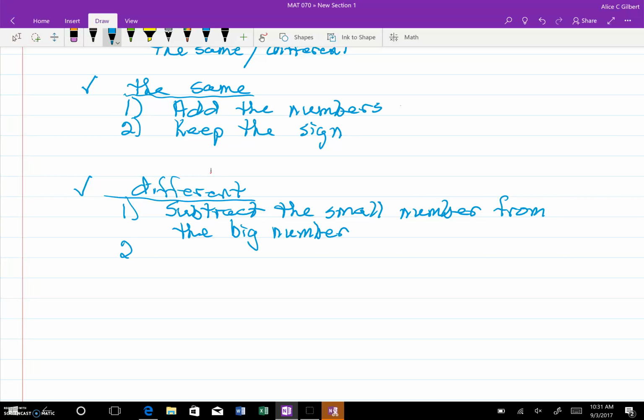And then the second rule is: keep the sign of the big number.